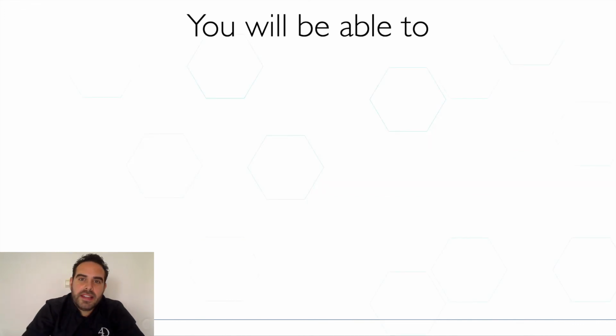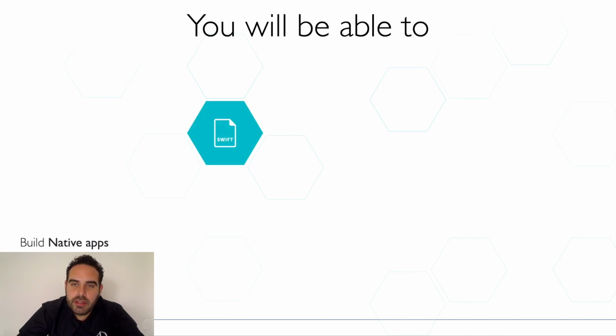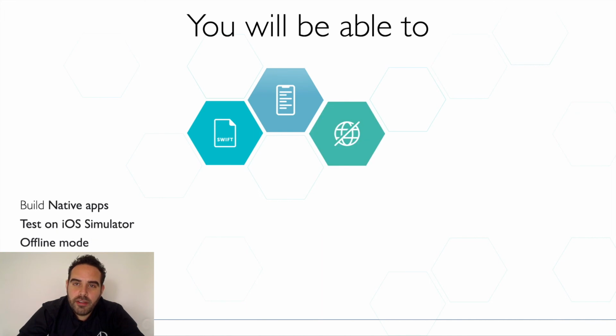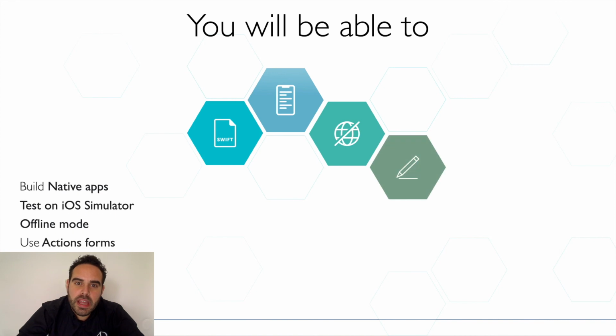So basically with 4D for iOS, you will be able to build iOS native apps directly from 4D. Test your app using the simulator. Consult your data offline thanks to the offline mode. Create, edit and delete records from your iPhone using the action forms.